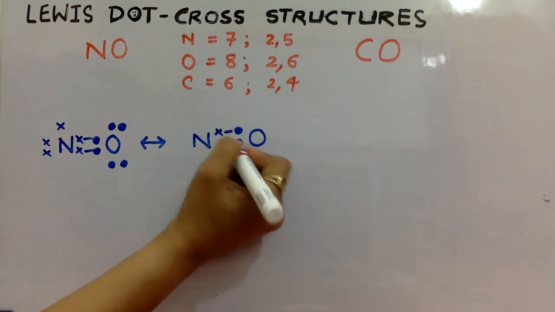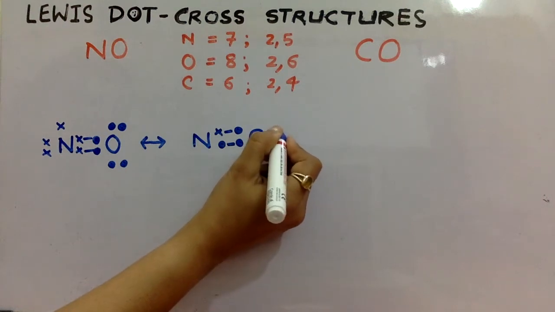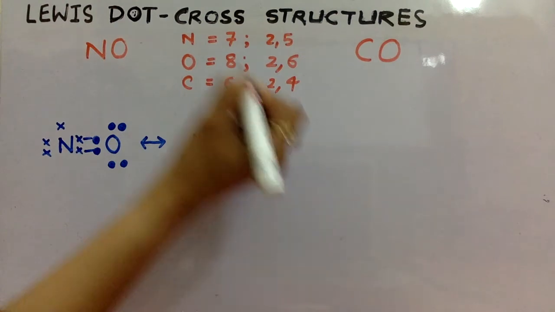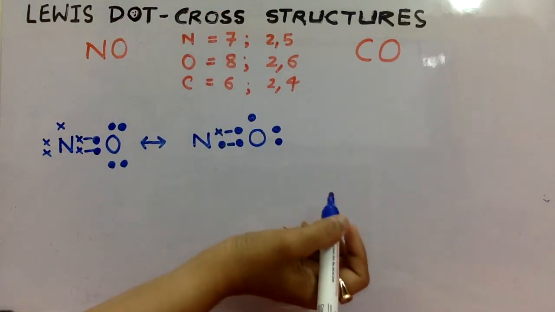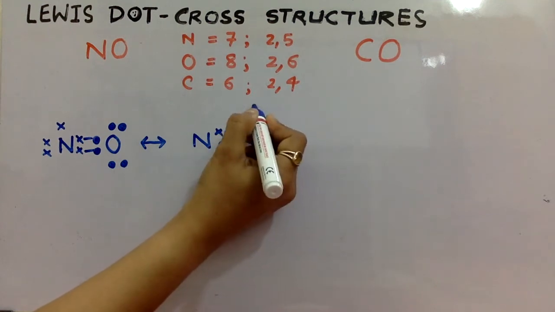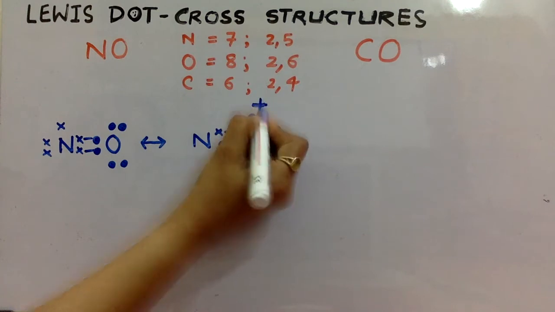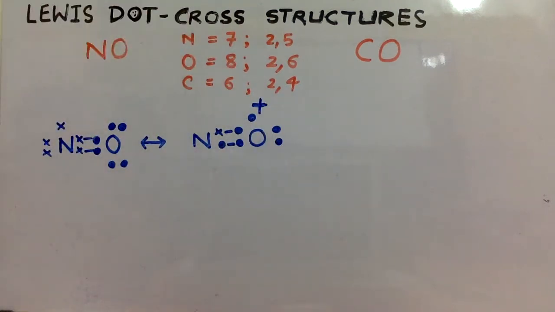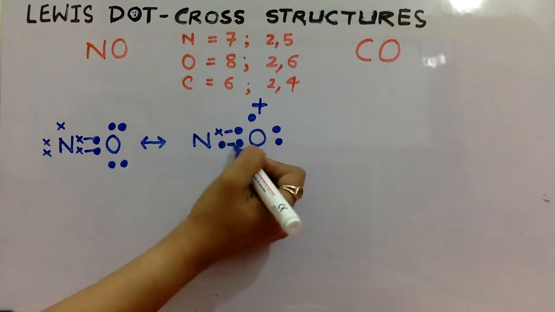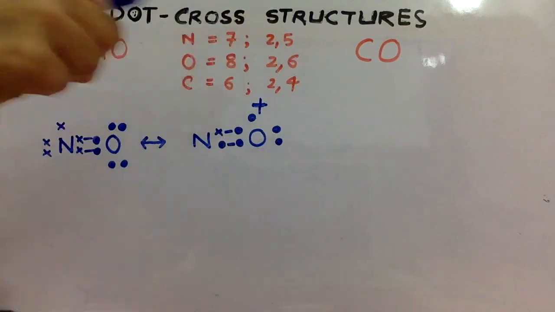So oxygen 3 electrons done. Total are 6. So 4, 5, 6. Since this 1 electron is here, this is electron deficient region, we indicate it by a plus sign. This 1 here and 2 over here. Whenever the element donates the lone pair, it acquires positive. It has contributed the lone pair.